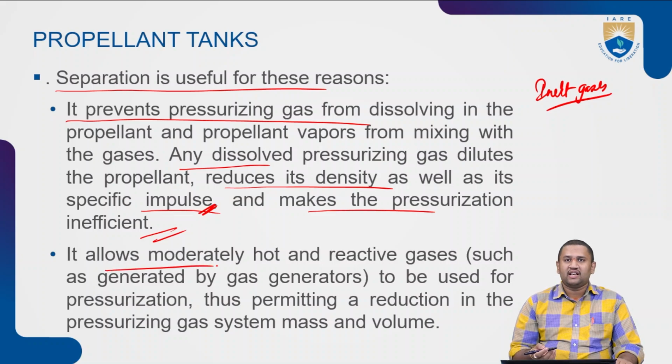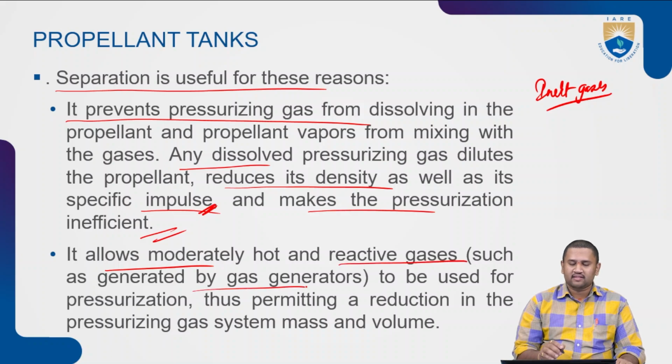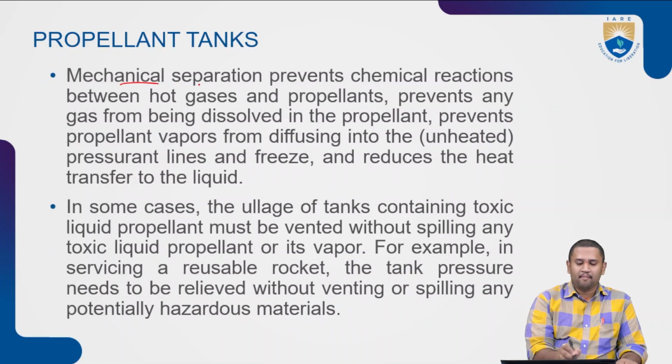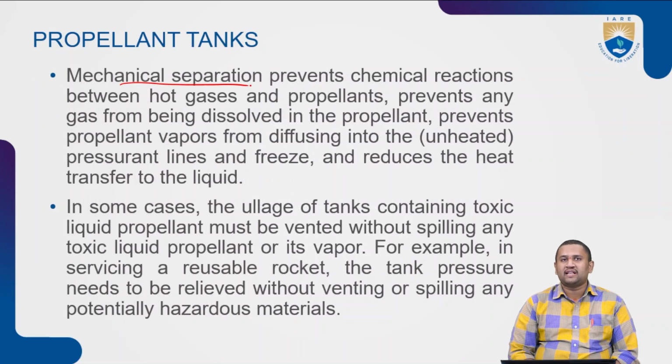Second, moderately hot and reactive gases, such as those generated by gas generators used for pressurization, permit a reduction in the pressurizing gas system volume as well as mass. Mechanical separation prevents chemical reactions between hot gases and the propellant, and prevents gases from dissolving in the propellant.